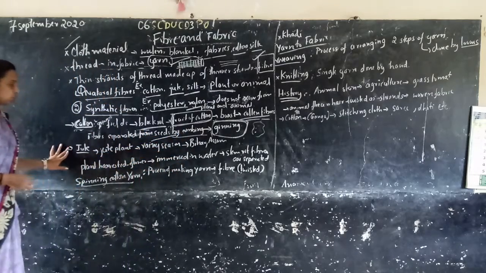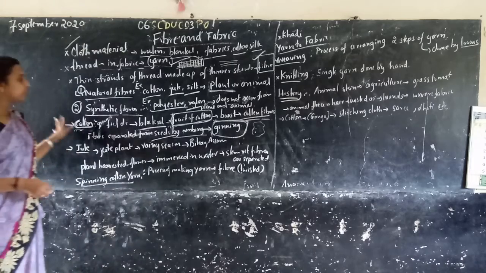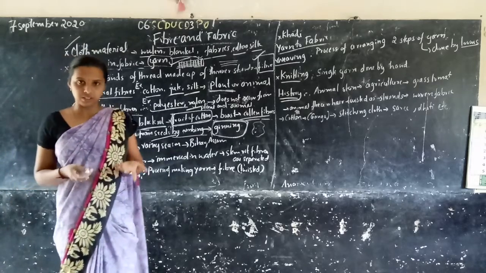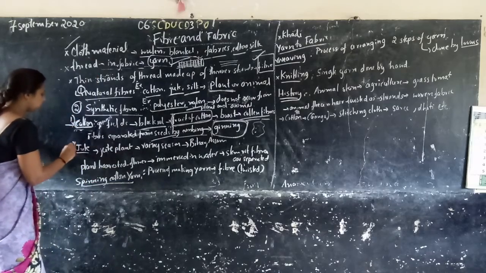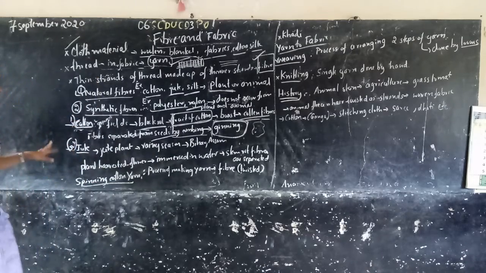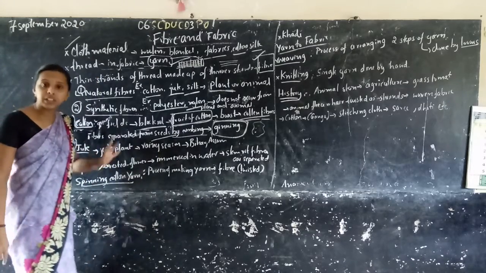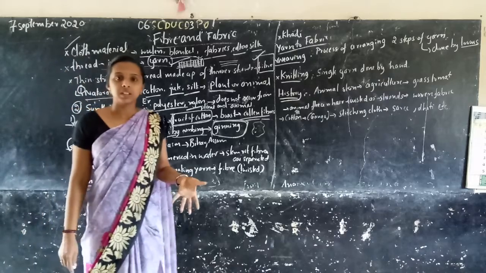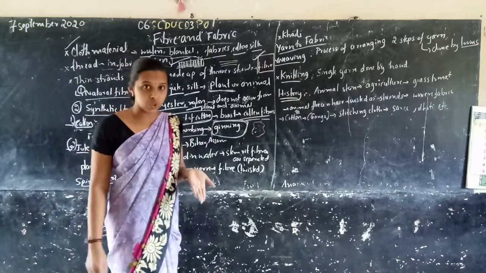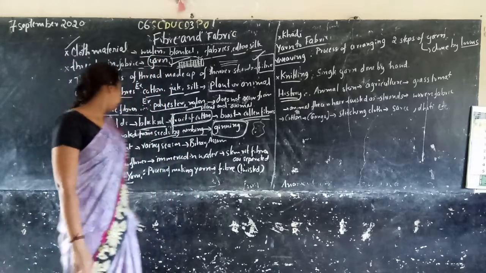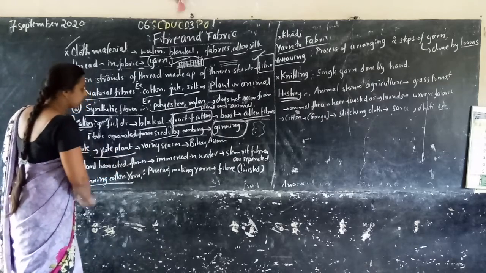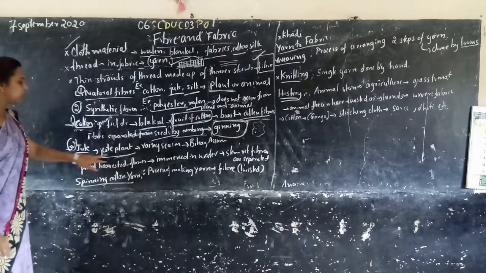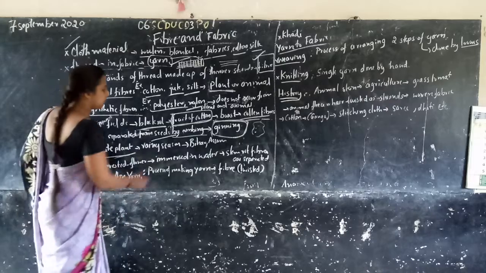What is next? Jute. From the cotton plant we get cotton. The second one is jute. What is jute? Jute is also one type of natural fiber. It is grown from the jute plant in the rainy season.